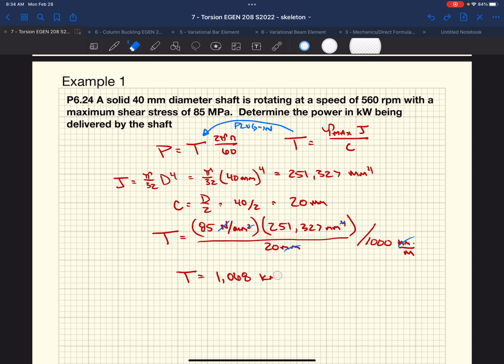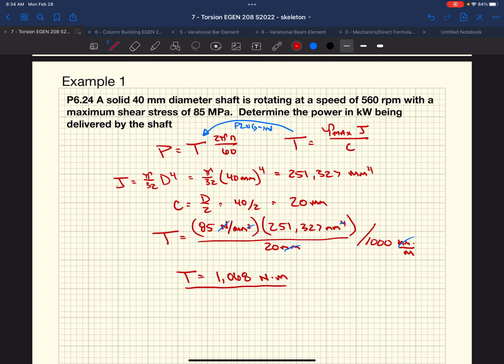So this is newton millimeters, 1,068 newton millimeters. Or sorry, newton meters. Wow, just doing a terrible job today, guys. Newton meters. Sorry. Okay, got it.